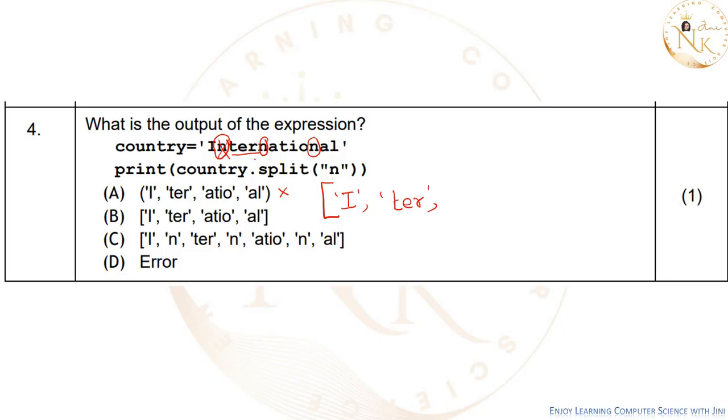It is a string. Then don't include n. Again ATIO. Then, don't include n, AL, in a list. So which option? B option is the correct answer. So split always gives the output in a list and it will not include the element which is used to split. Okay.